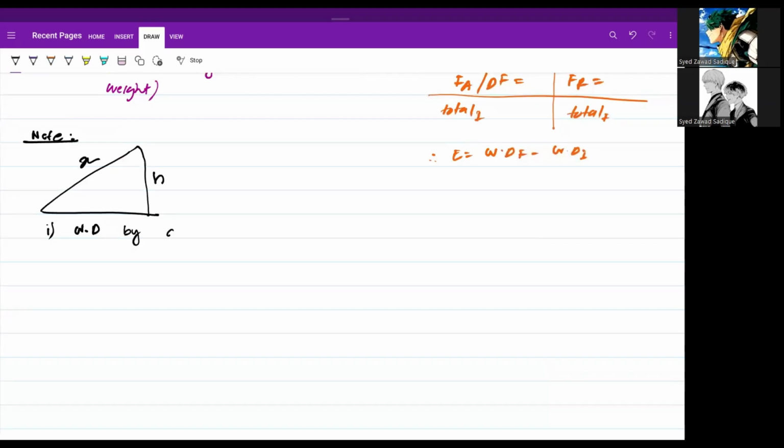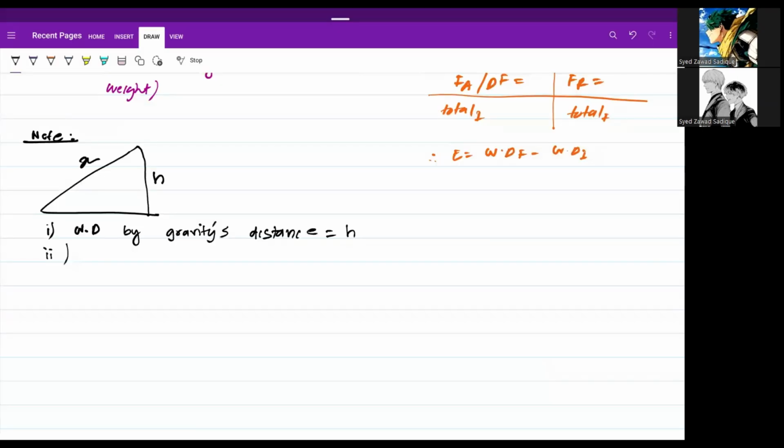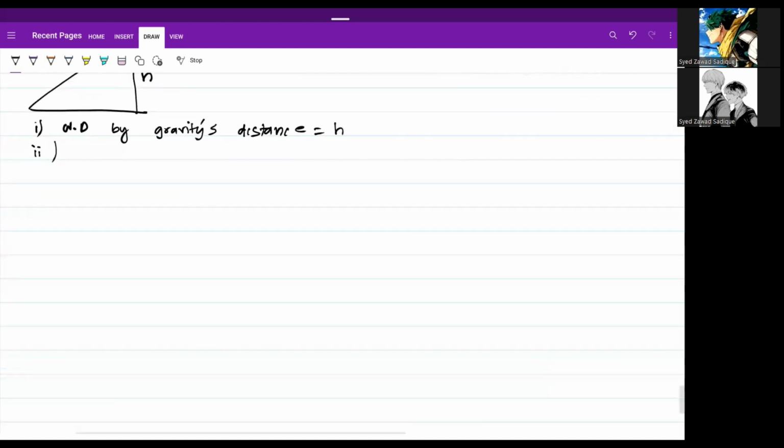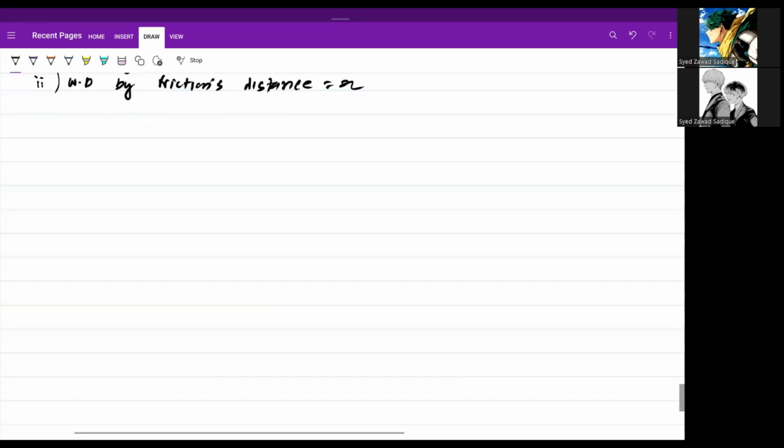Work done by gravity's distance is H, and work done by friction's distance is X. All right, so that's that.